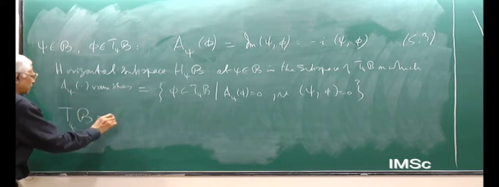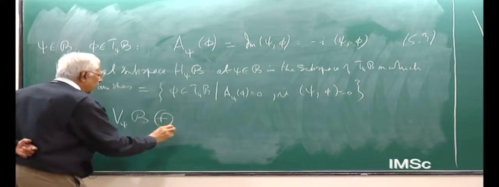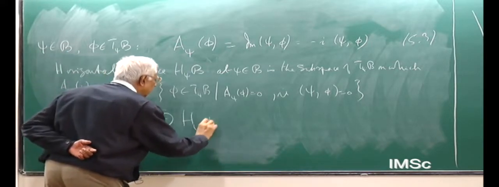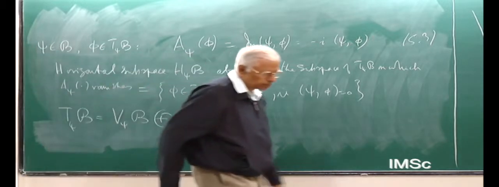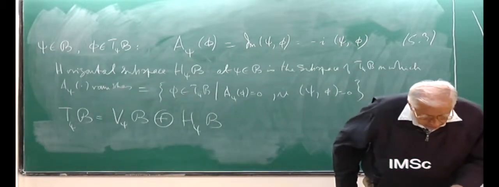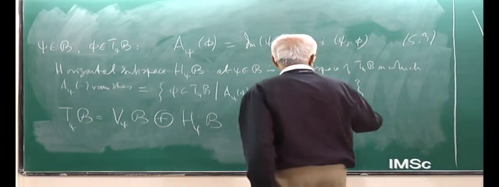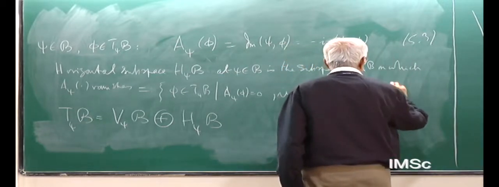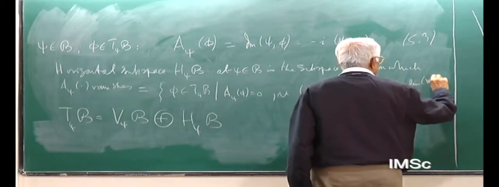The tangent space at each point of B has a vertical part and a horizontal part, and the full tangent space is the direct sum of these two. Okay, maybe I should have written here complex dimension n minus 1.